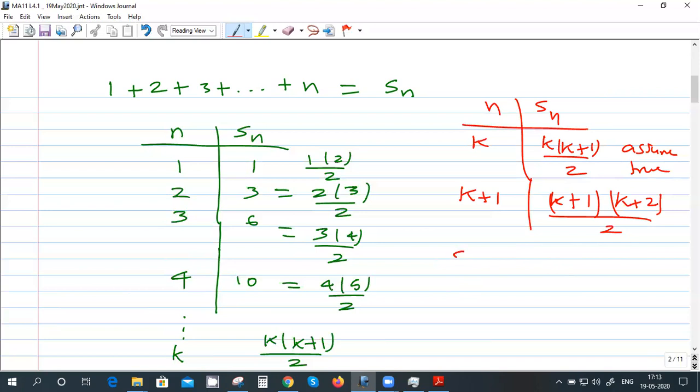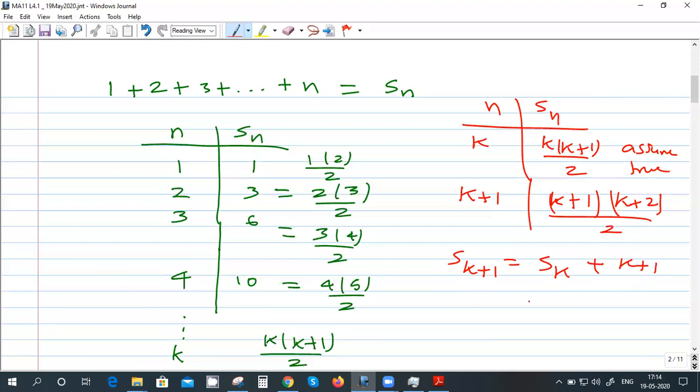If I assume the thing for k is true, from that I'll get S(k plus 1) is Sk plus k plus 1, right? Daksh, is it correct? Yes, sir. Sum of k plus 1 terms is sum of k terms plus the next term, k plus 1. Bhavya, why is it okay? Yes, sir.